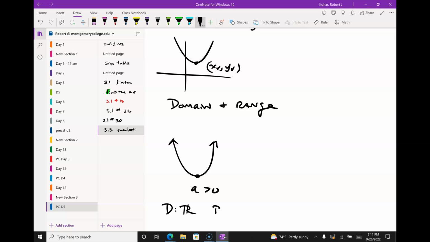And the range is going to be y sub v to infinity, right? The lowest point in the y direction. I'm just using the subscript v to say vertex. Sometimes the book will use h, k, something like that. I like to say x sub v, y sub v.